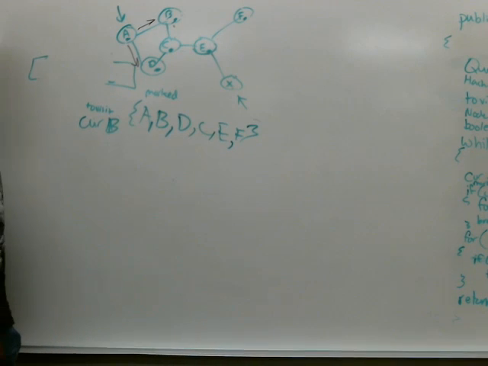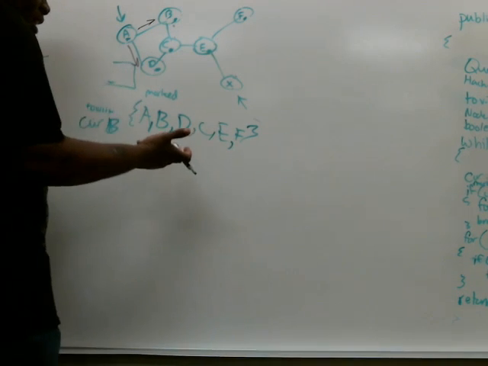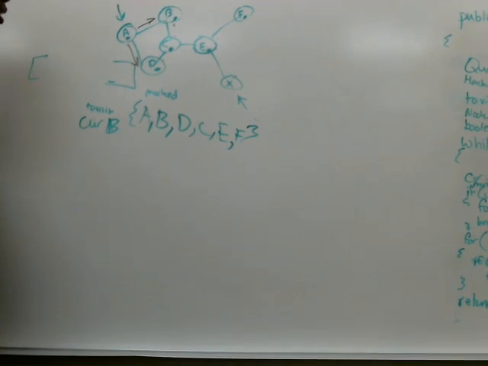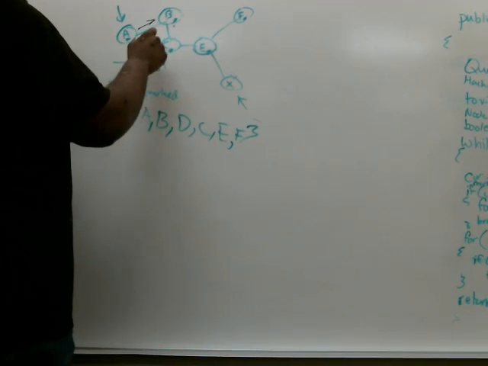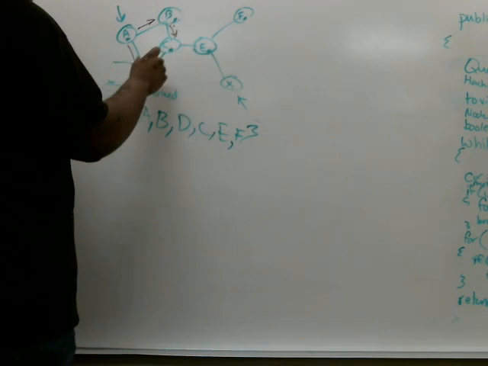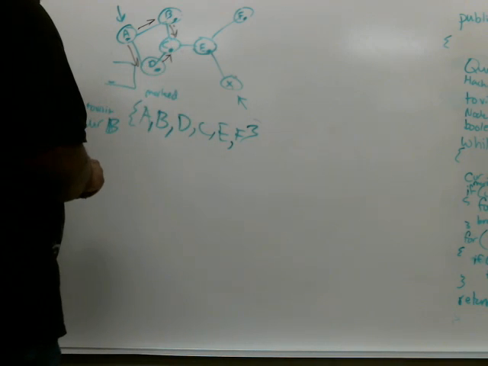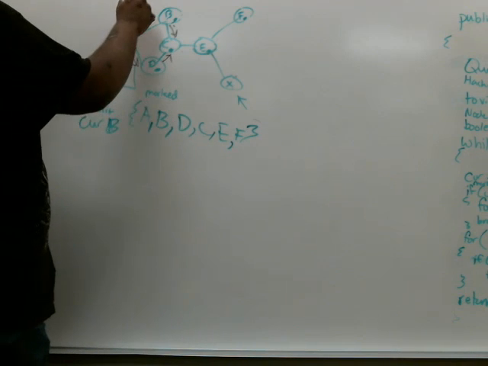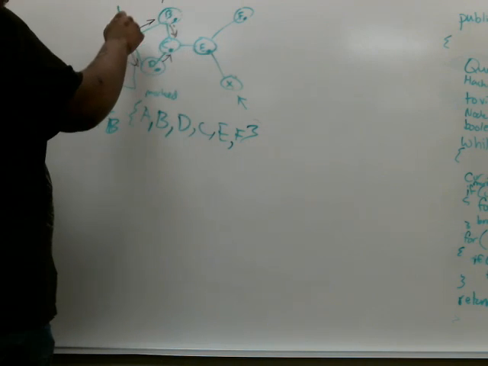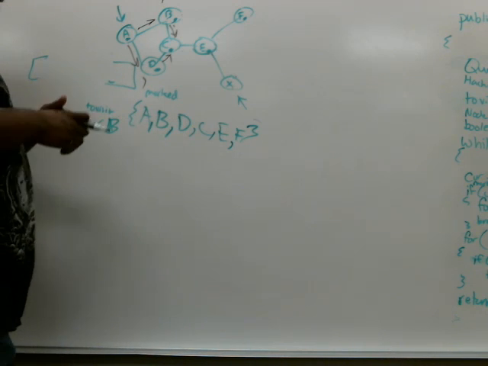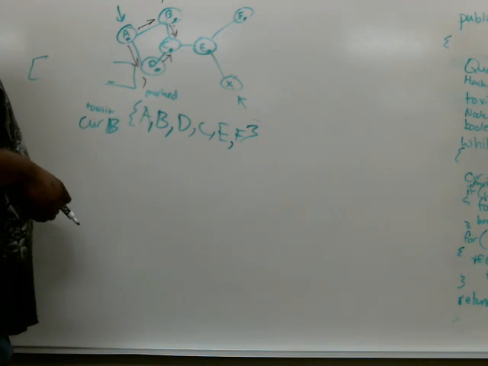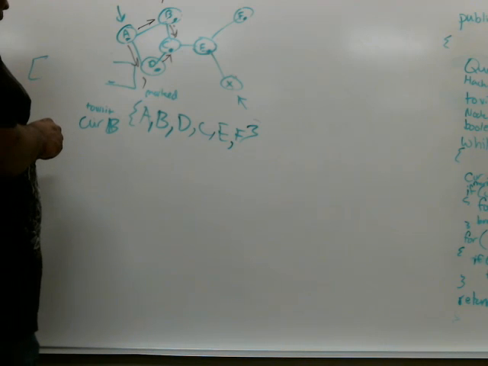So it's breadth first. So we go here and here, then we go here, then we go here. If you notice, we check everything 1 away from A. Then we check everything 2 away from A. Then we check everything 3 away from A. So that's how breadth first search works.